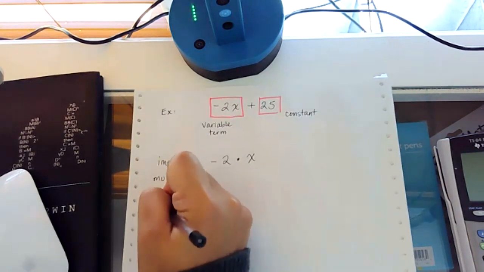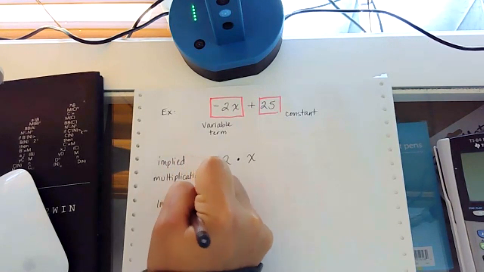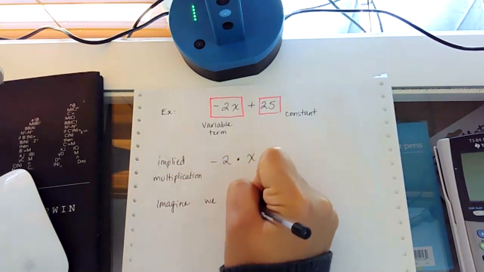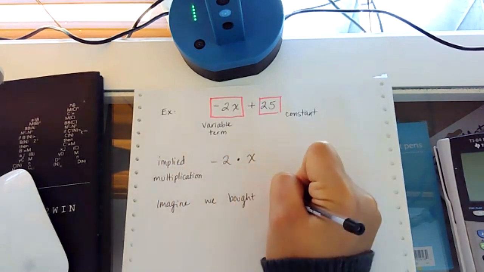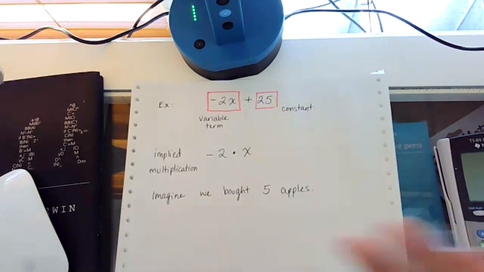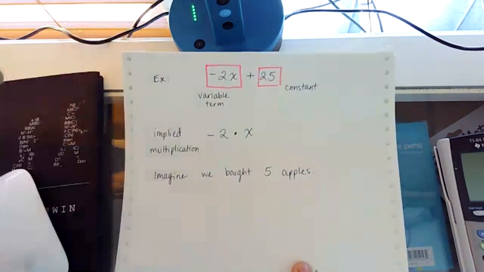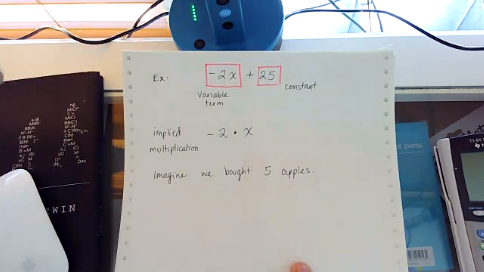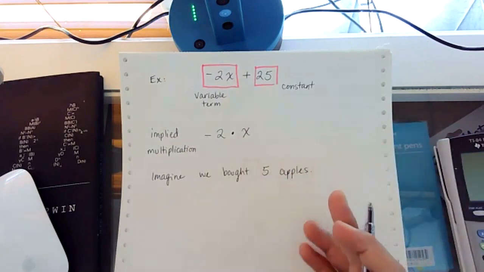So imagine we bought 5 apples. You might make a grocery list and then figure out what the prices of those groceries are so that you can total up what you think your bill is going to be at the checkout counter. I think this is something people did back in the day, but not so much anymore.